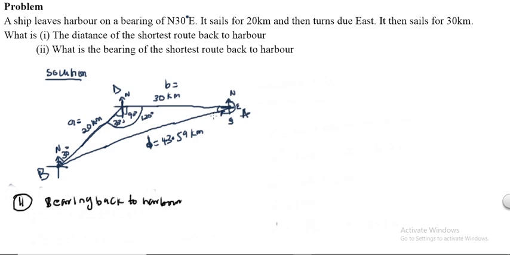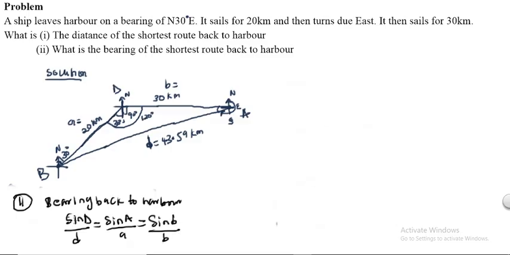The best thing we can use here is the sine rule. The sine rule simply tells us that we can take the sine of an angle and its opposite side, and the ratio is always constant. So if we have sine D over d, we have sine A over a, and sine B over b.